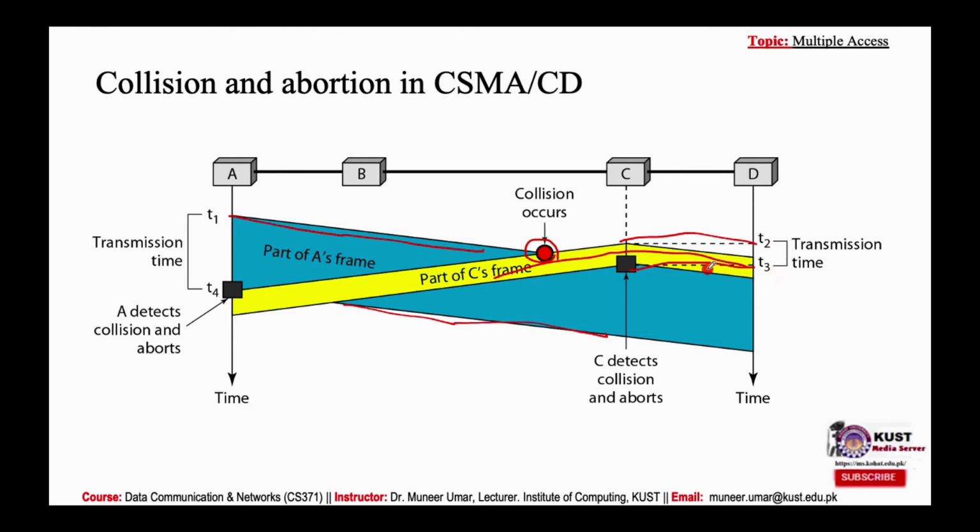So at T3, C would detect the collision and abort its transmission, and also at T4, A will detect the collision and abort.